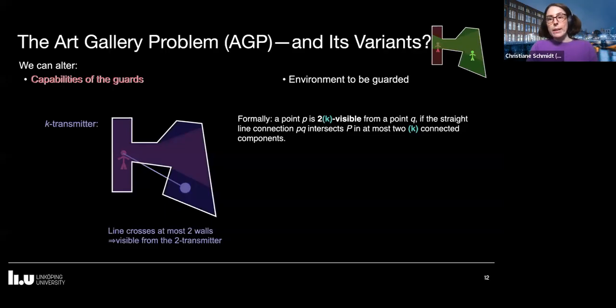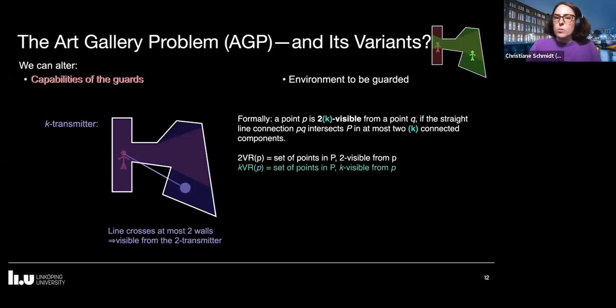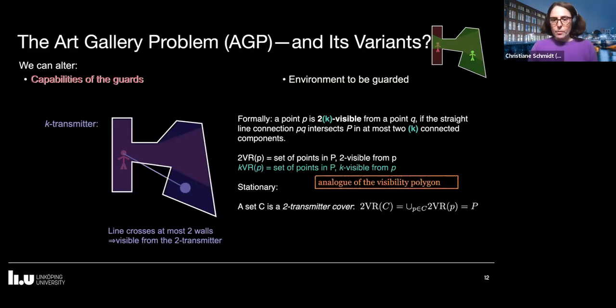And then in the same way that we define the visibility polygon, we can define what we call the 2-visibility region and the k-visibility region. And instead of having a guard set, we can say we want to have a set of points such that together their 2-visibility regions cover the complete polygon. Then we call that a 2-transmitter cover, k-transmitter cover. So these are analogies.